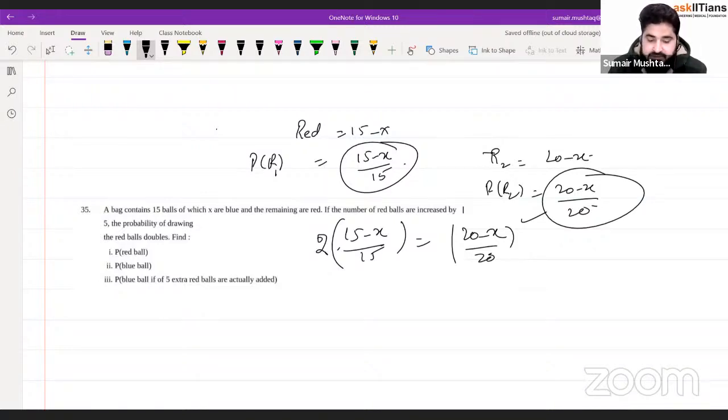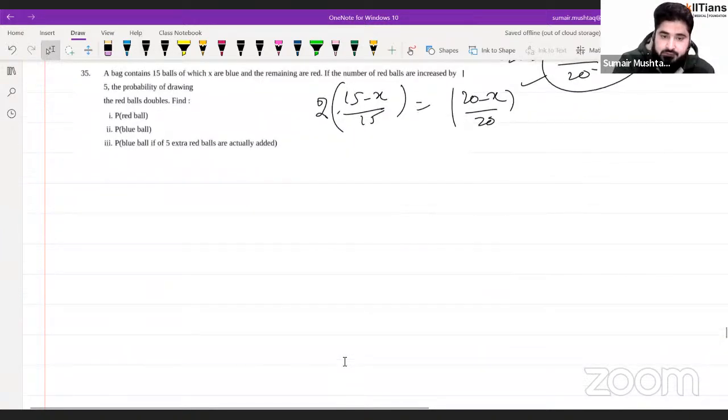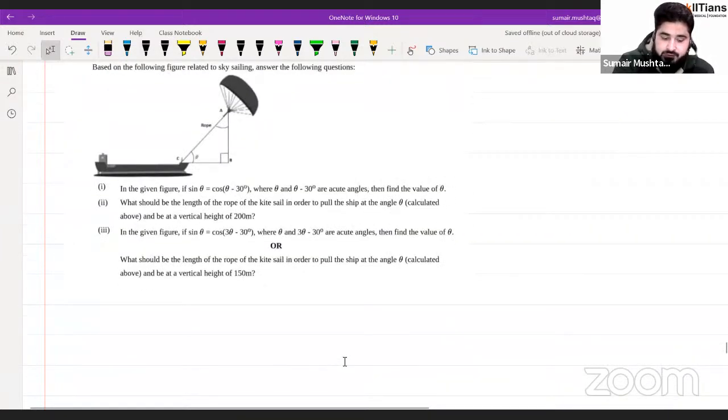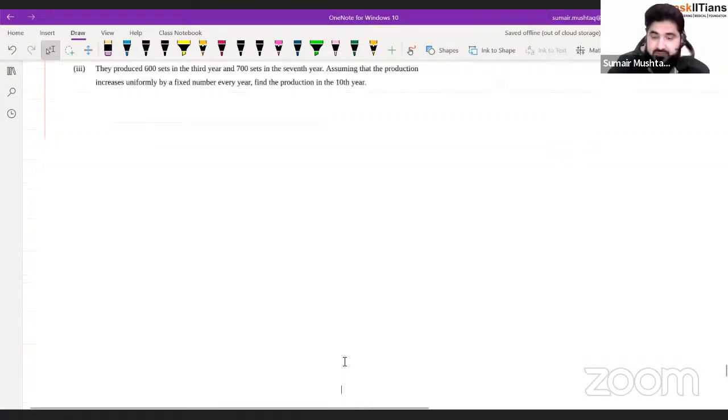Okay. Now we are coming to the most important part of this paper solution, that is the passage part. See, this is the first passage.